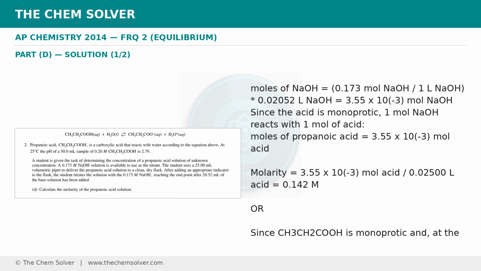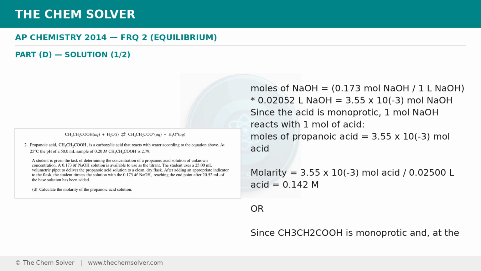Since the acid is monoprotic, 1 mole NaOH reacts with 1 mole of acid. Moles of propanoic acid is equal to 3.55 times 10 to the power minus 3 moles acid. Molarity is equal to 3.55 times 10 to the power minus 3 moles acid divided by 0.02500 liters acid, which equals 0.142 molar.